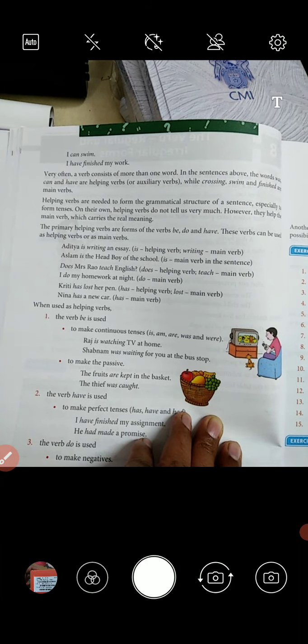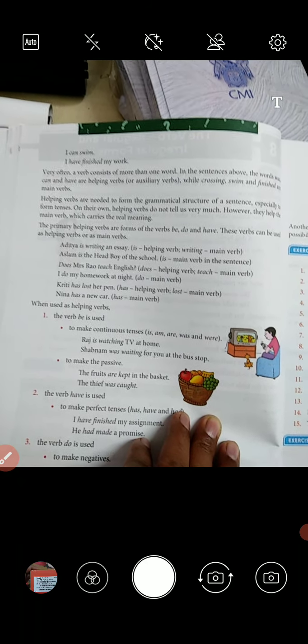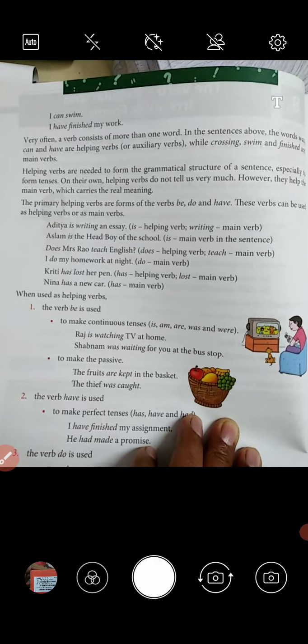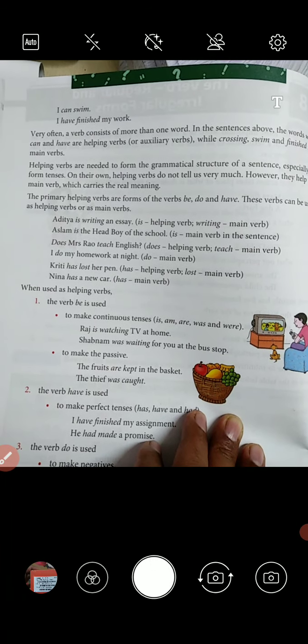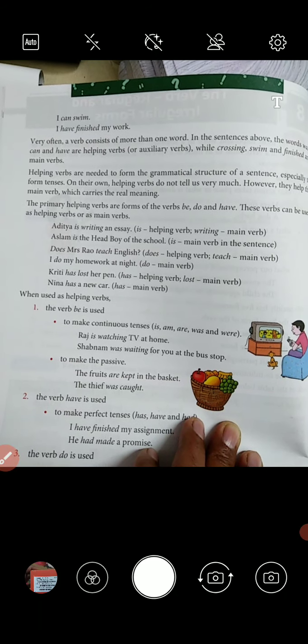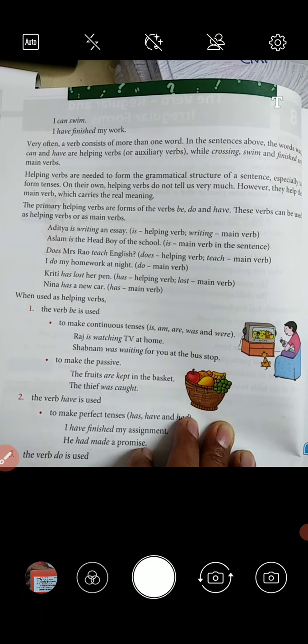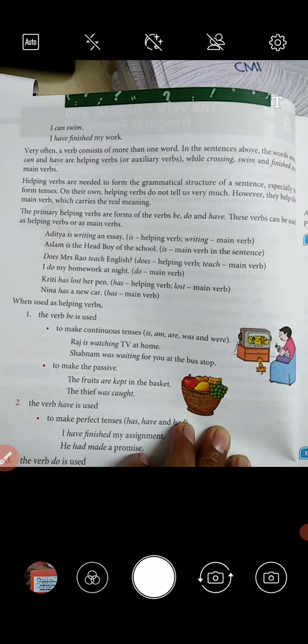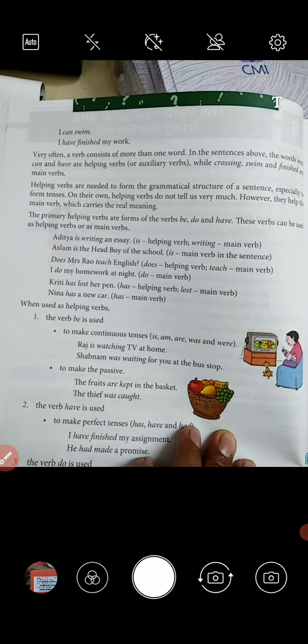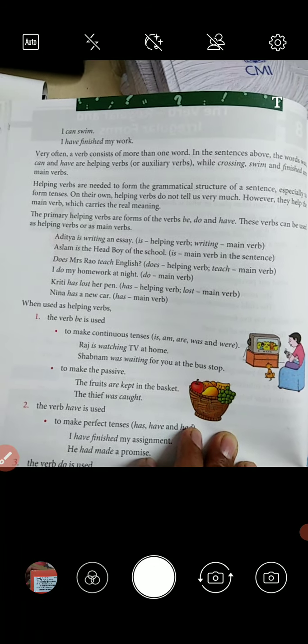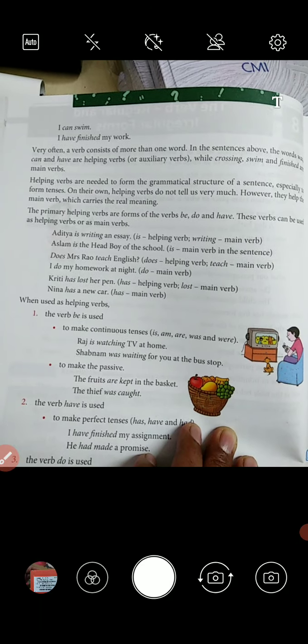Now look at the next sentence, I do my homework at night. So do is the main verb here. What do I do? I do my homework. Now the next sentence, Kriti has lost her pen.